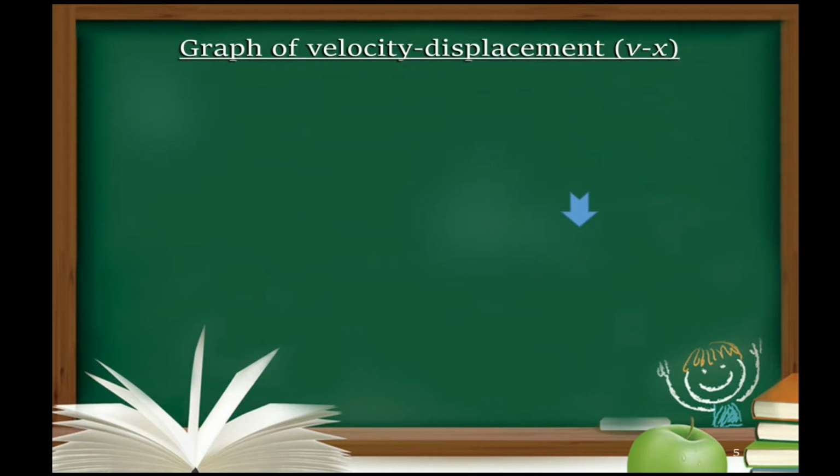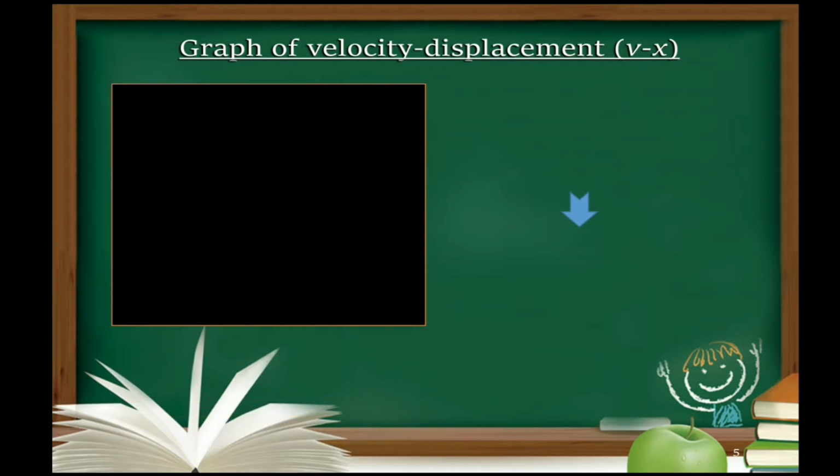Next, we also have a graph of velocity against displacement. It's different than before. Before this, we plotted the graph of v versus t. Here, we're going to plot the graph of v versus x. So which equation are we going to use? I'm going to use the equation that has v and x.